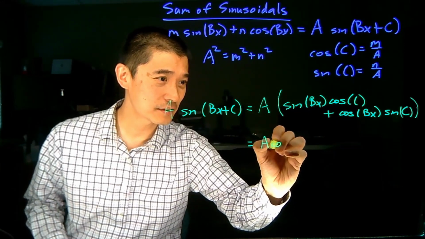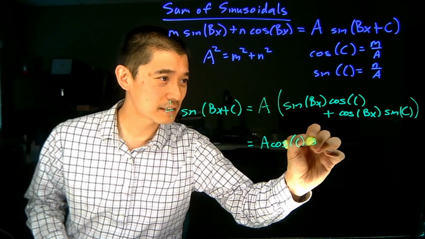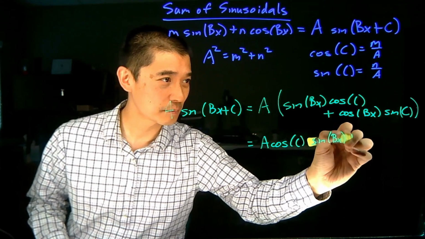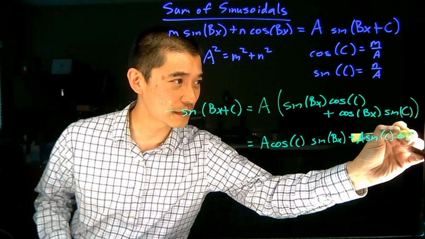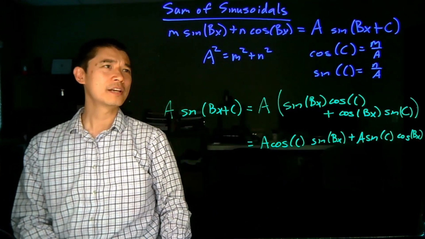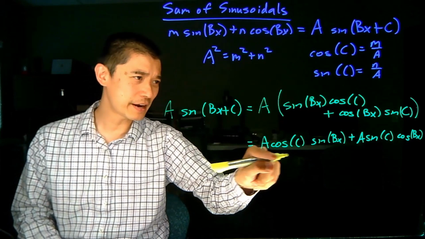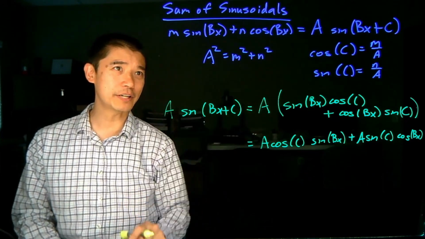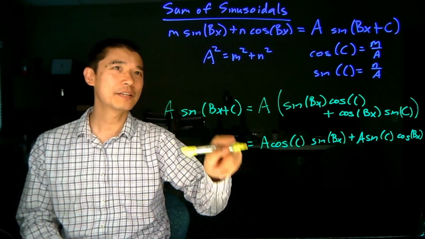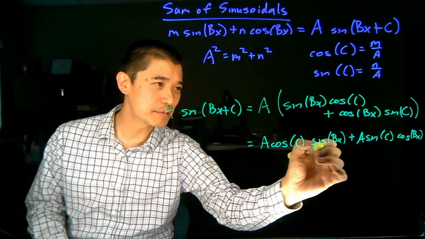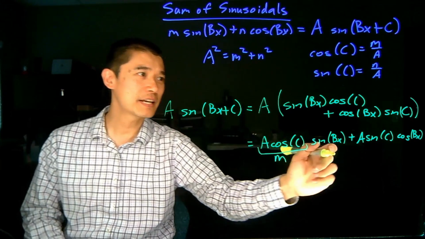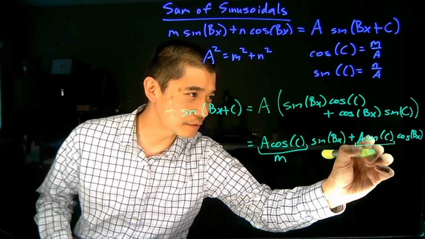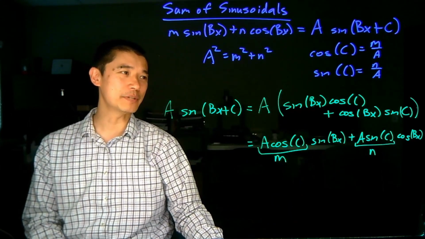So a cosine c sine bx plus a sine c cosine bx. Now the reason I've done this is because if we compare this equation to this equation right here, we'll notice a pattern. M is going to be this part, the coefficient of the sine bx, and n is going to be that part, the coefficient of the cosine bx.